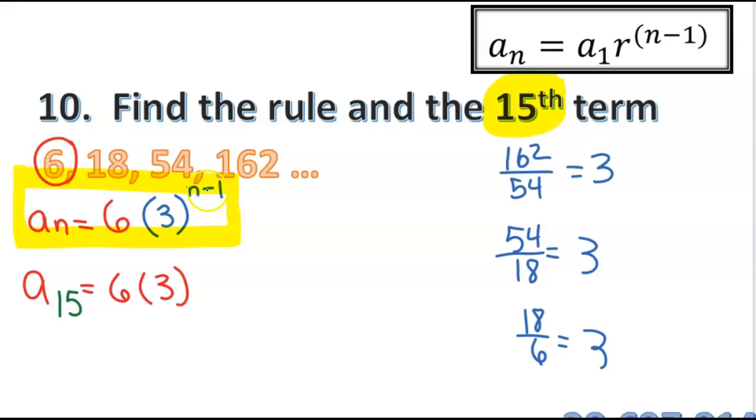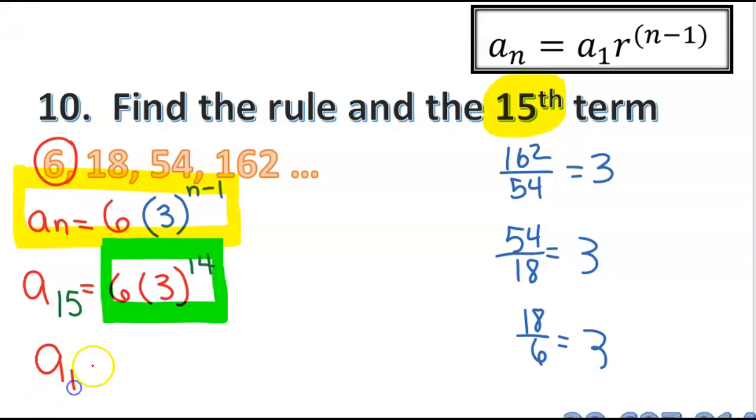What is 15 minus 1? If I'm looking for the 15th term, I'm going to raise it to the 14th power because my rule says n minus 1. So this part right here is what you put in Desmos or in a calculator to calculate the 15th term.